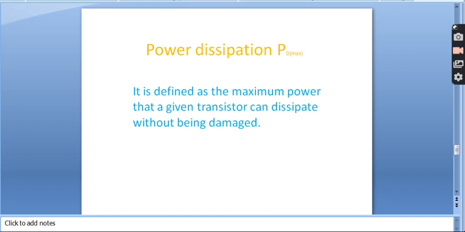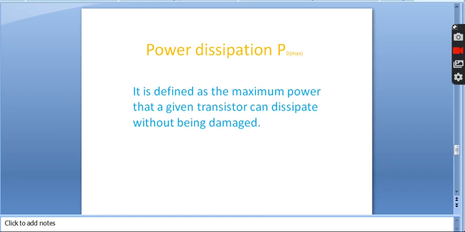If you want to select a BJT in any application, it is compulsory to specify the power dissipation. If you give more than the maximum power, it is going to damage the transistor, because beyond that value of power it damages the transistor.